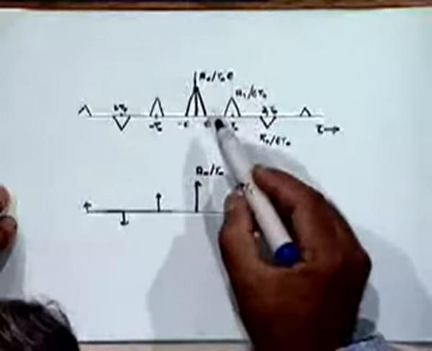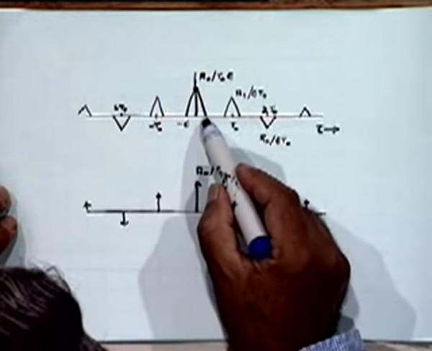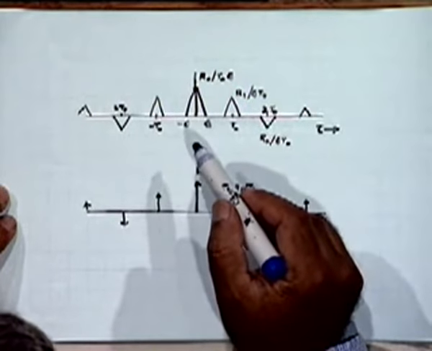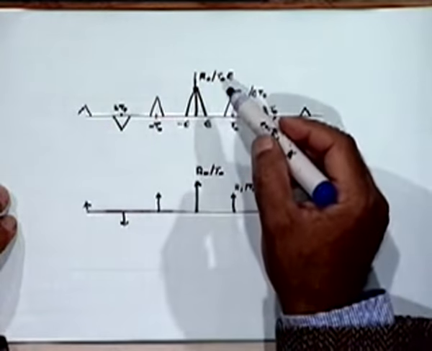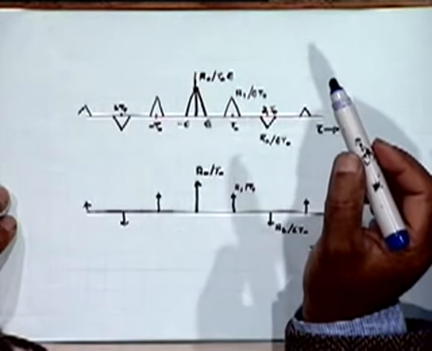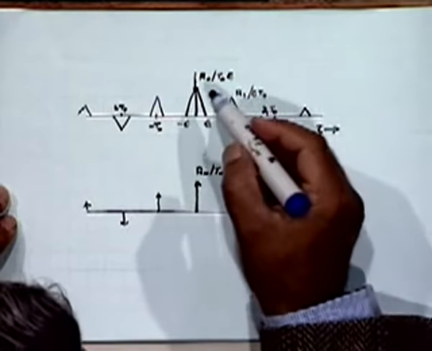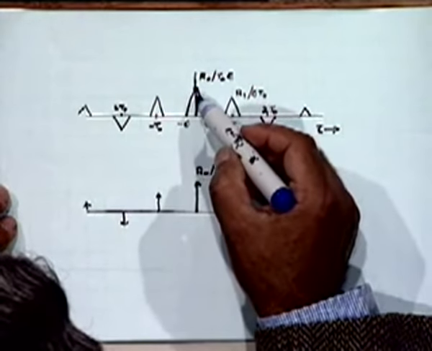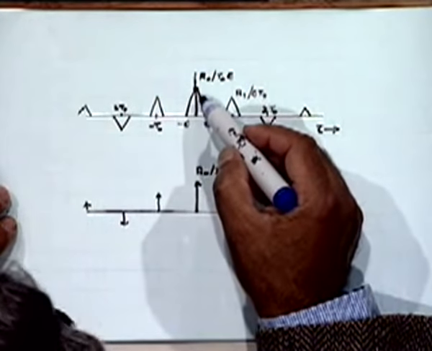Now, to get back to the original situation, what we would like to do is make epsilon smaller and smaller, keeping h_k into a_k constant, or keeping the area under this triangle constant, right? So, what is the area of this triangle?